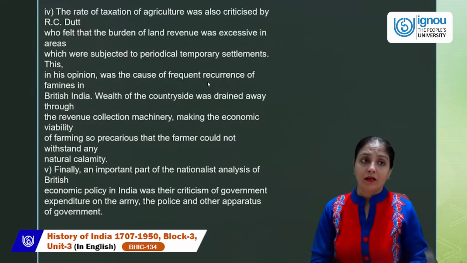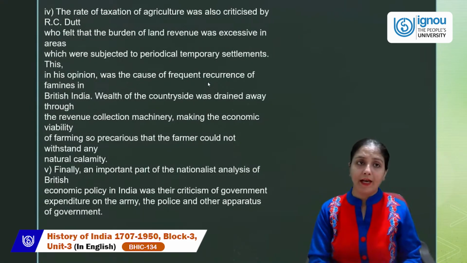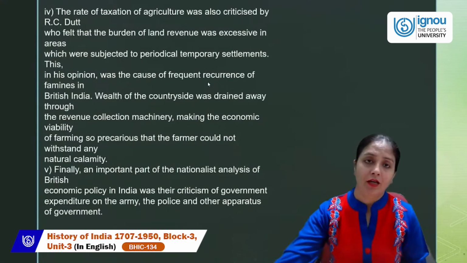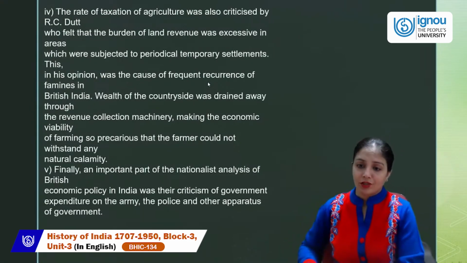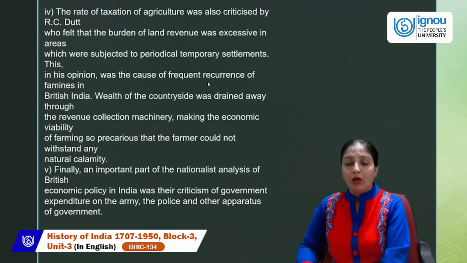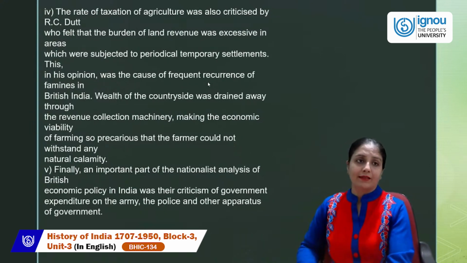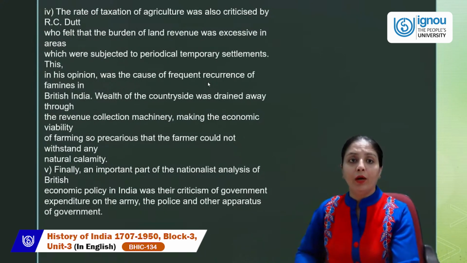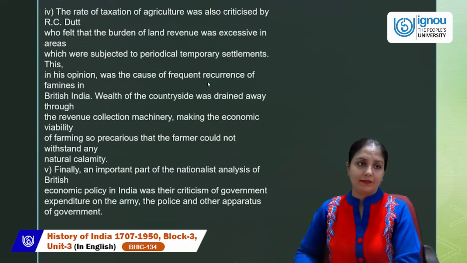Next, the rate of taxation of agriculture was also criticized by RC Dutt, who felt that the burden of land revenue was excessive in areas which were subjected to periodical temporary settlements.